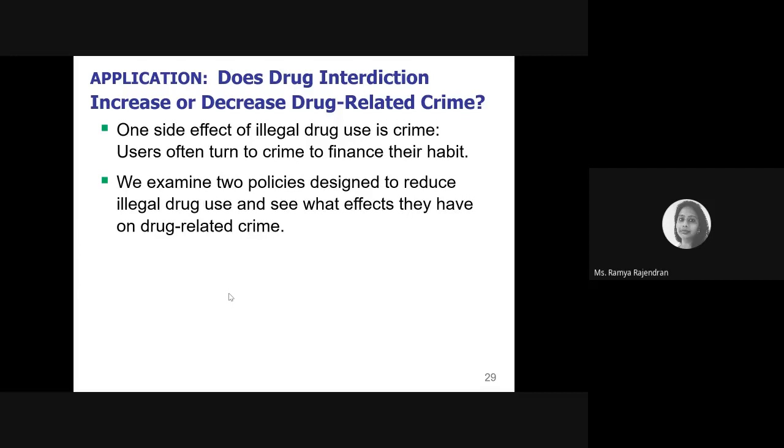So obviously this drug usage will definitely lead to an increase in drug-related crime. What happens with drug prohibition? If the government is banning drugs, people either try to somehow get the drugs to use them, or they stop using them. Let's see what effects this has.